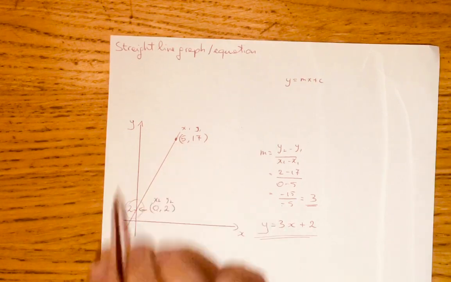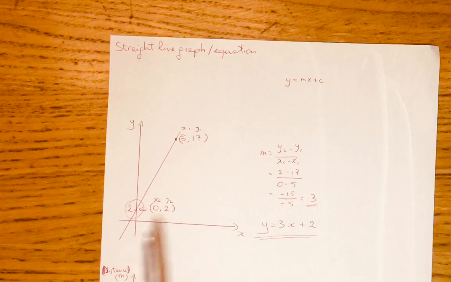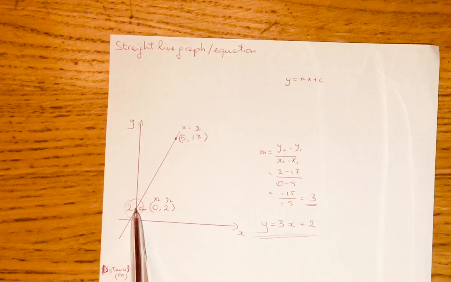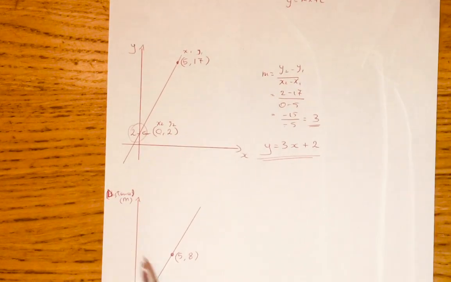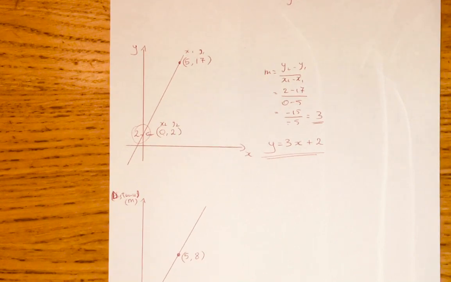Okay, so this one was simple enough because we knew the y-intercept. Here, last example, we know 2 points, and so we can find the gradient, but we do not know where it crosses the y. What is the y-intercept here, where it crosses the y?